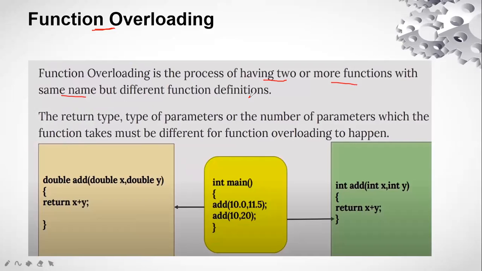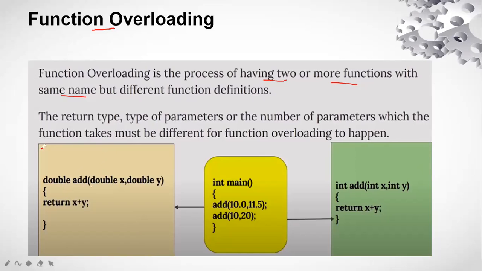I don't know if you remember this or not. If you want to see, you can move to that particular lecture, but I'm going to explain it here also. Function overloading is the process whenever we have two or more functions with the same name, but different parameters, different data types.